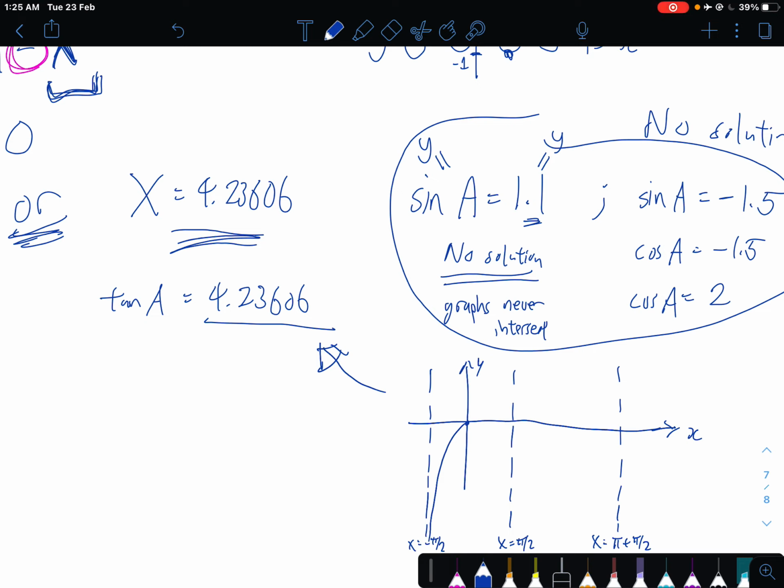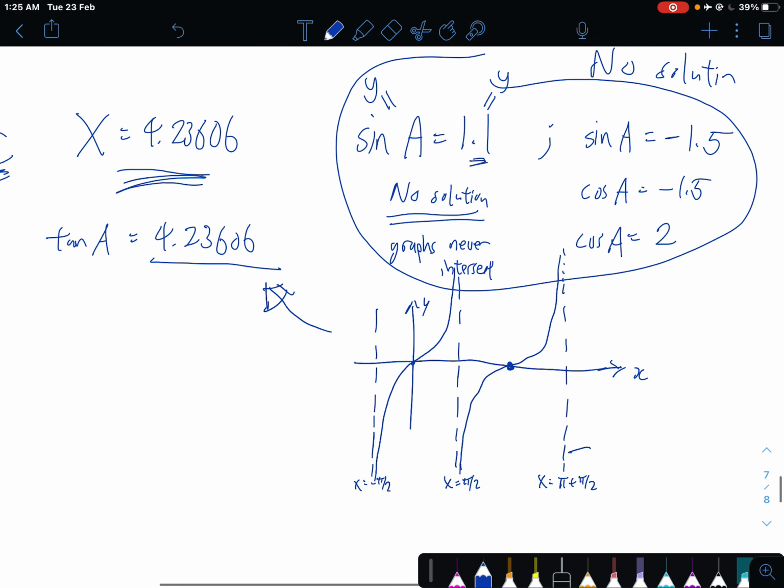From here, it goes all the way up. Same thing here. Then you repeat from negative infinity, all the way at the bottom, until you reach the x-axis. You cut, and then you slowly increase, and you get faster and faster. You go up towards the other vertical dotted line.